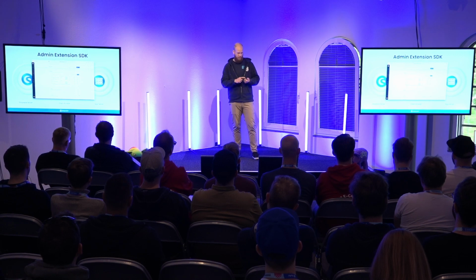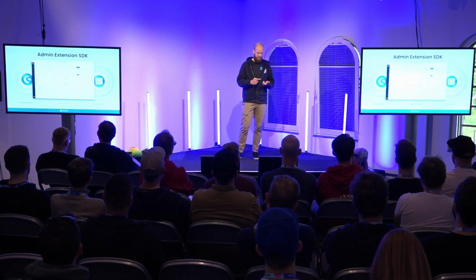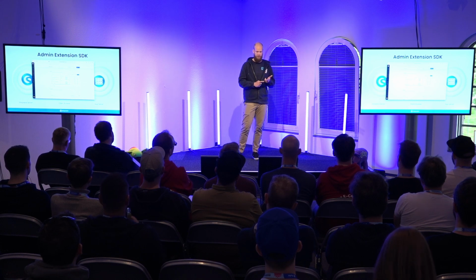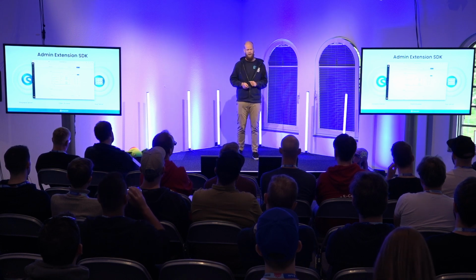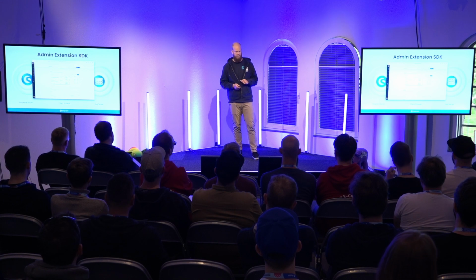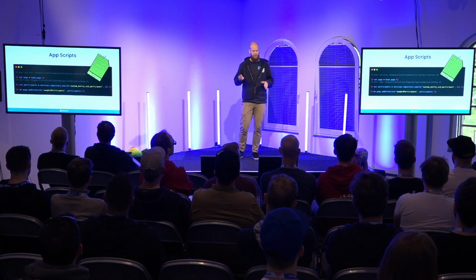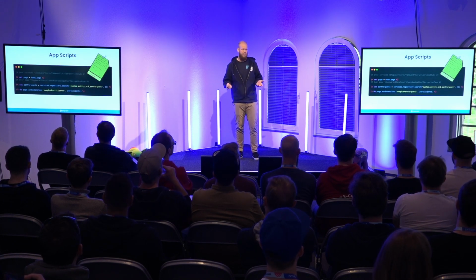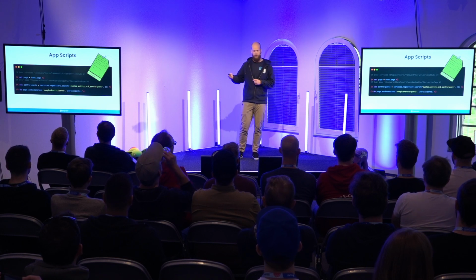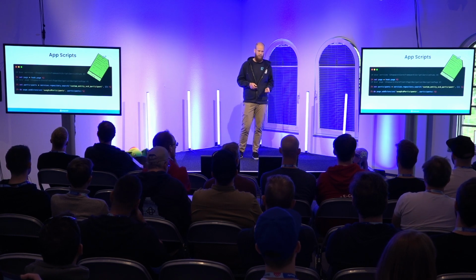So we have the icons in the icon kit, we have the component library, and we can extend the administration with logic, at least. Now we would need something on the storefront PHP side because apps are lacking access to the PHP stack, and we have app scripts for this.